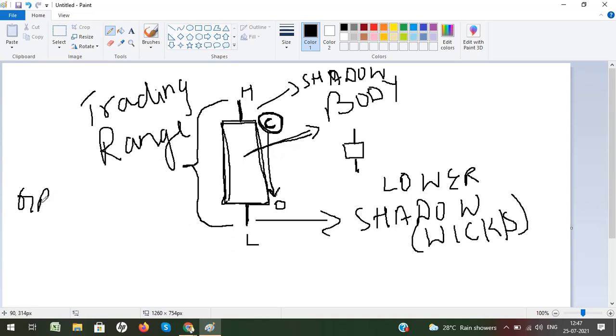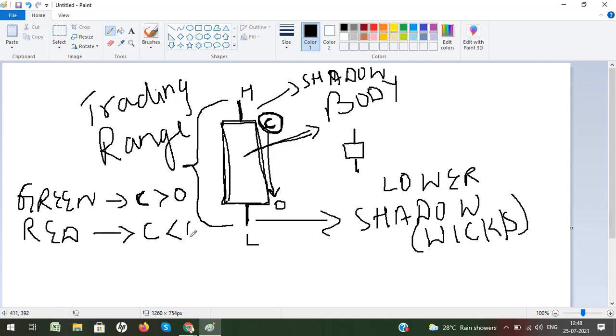When the closing price is greater than the open price, the candlestick body will be green. The candlestick body will be red when the closing price is below the open price.